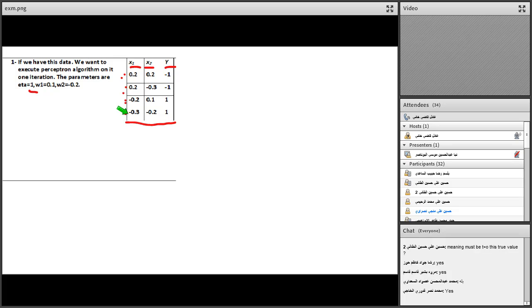In the perceptron classifier we have two inputs and two weights. These are the initial weights, W1 and W2, and eta is the parameter of the learning algorithm.